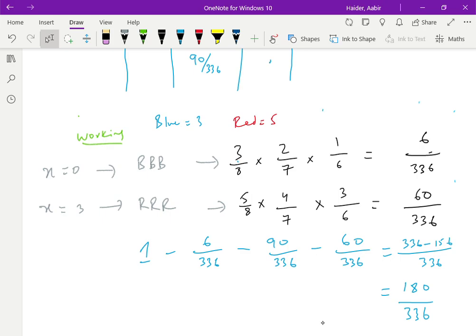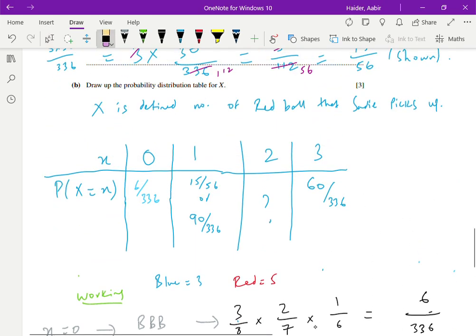Okay, so now we have 180 over 336, and you can always tally the numerators, add them up, so they will definitely give you 336. That means that your probability is coming out to be 1, and it should come 1 in this case.